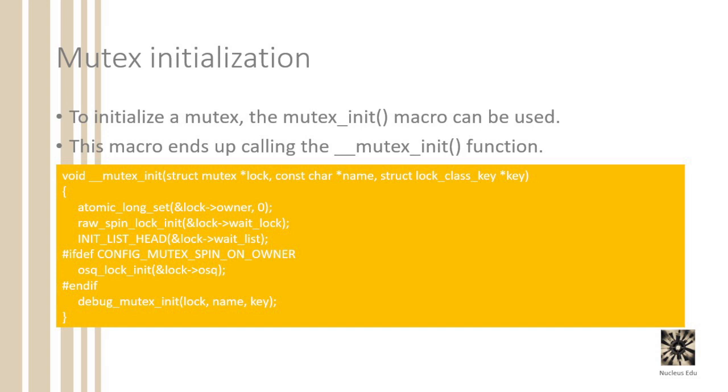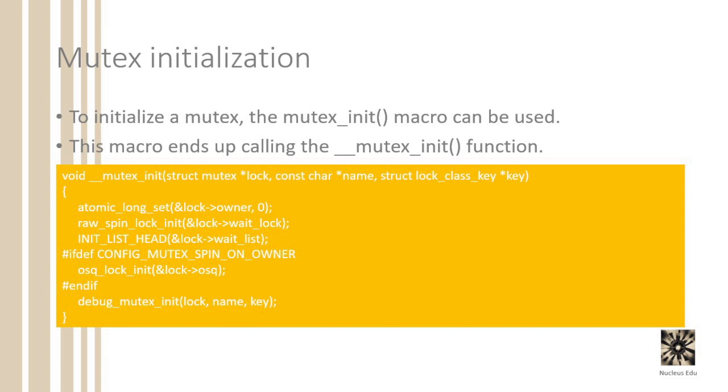One thing which I missed in the previous slide is this OSQ lock, which is basically an MCS type of lock, a little bit of a variation of a spin lock. This is used for that special step that I discussed in the beginning of the video about mutexes, where it doesn't go to sleep right after checking.